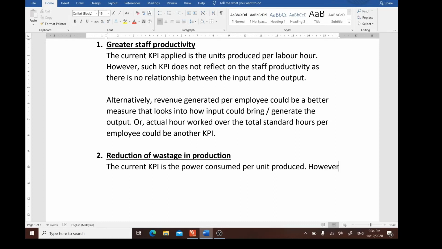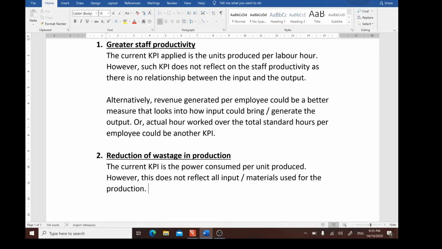However, this does not reflect all input or material that you get to see for the production. Can you see that? As a result, we are talking about the input that you use right here. So what are we going to do? Come up with something better. We're unable to look at any form of the wastage created.